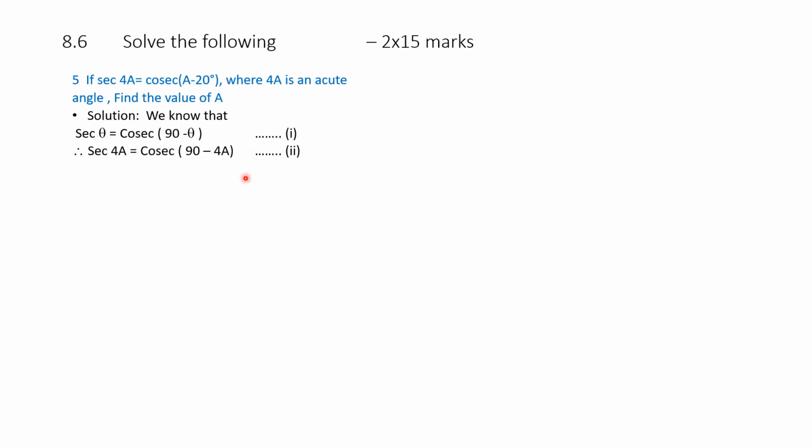Therefore, secant 4a is equal to cosecant 90 minus 4a. Here put theta is equal to 4a. Comparing, cosecant 90 minus 4a is equal to cosecant a minus 20, that is given.